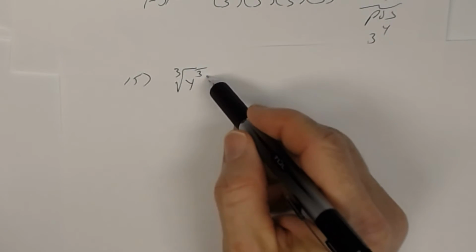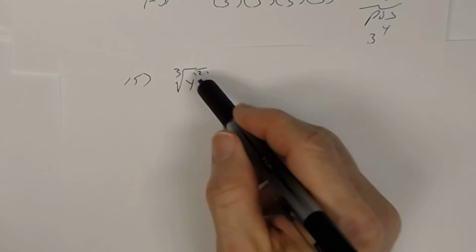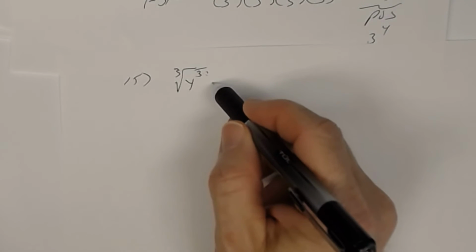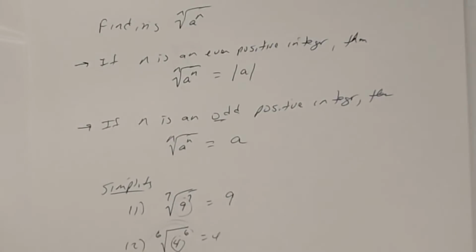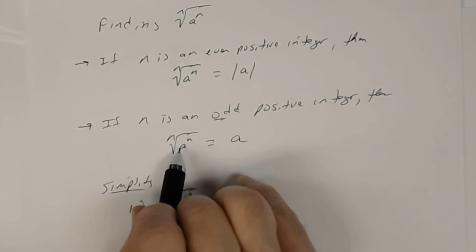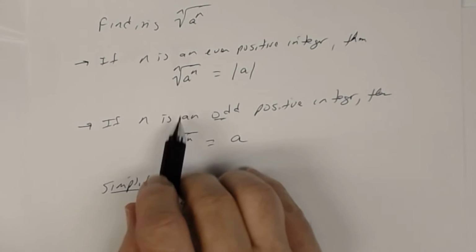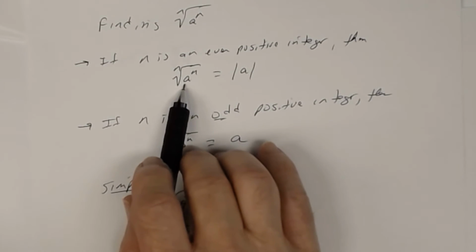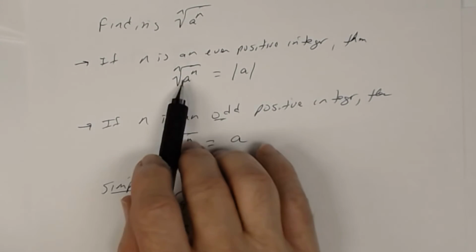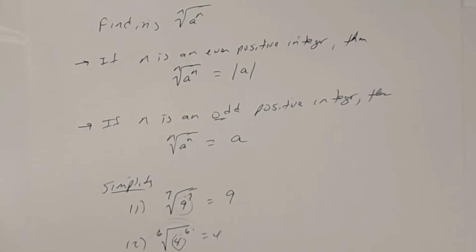So the index and the exponent are the same, but they're odd. And so according to our rule, whenever the index and the exponent are the same and it's odd, the answer is just the base. If it's even, I've got to be careful. It's going to be the absolute value of this base here. Okay?